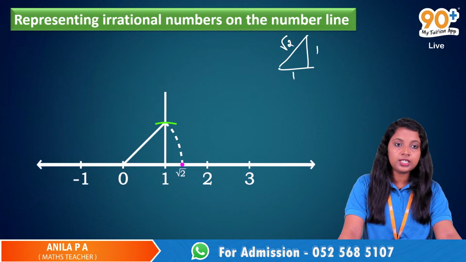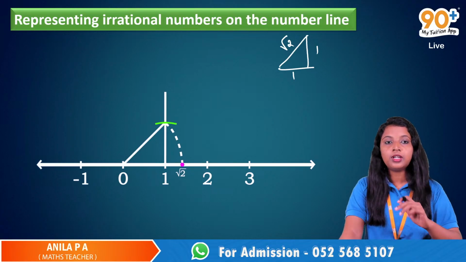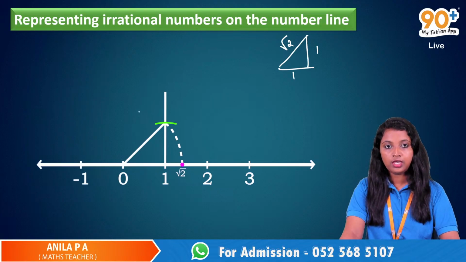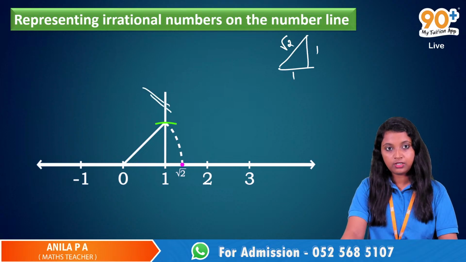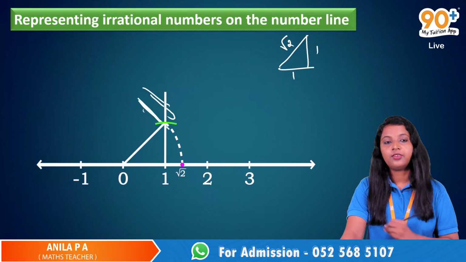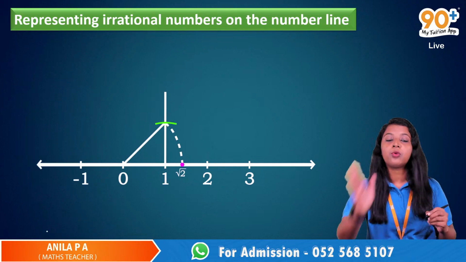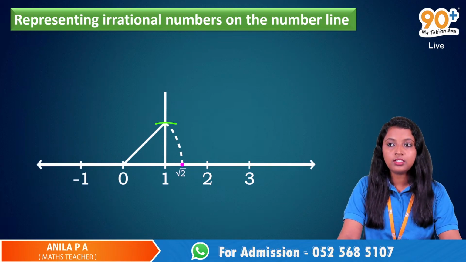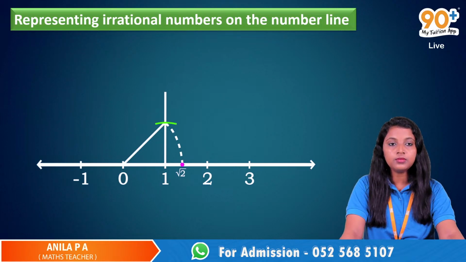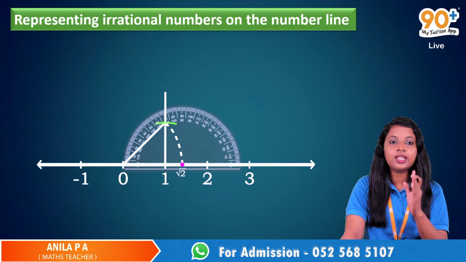In the first method, we drew the perpendicular line here. But here we are drawing a perpendicular line from root 2. We have to draw a perpendicular line at this point root 2.